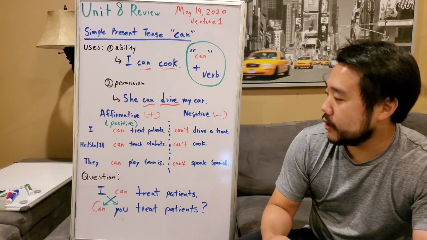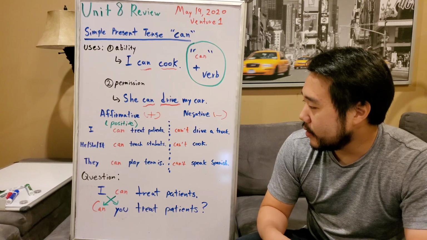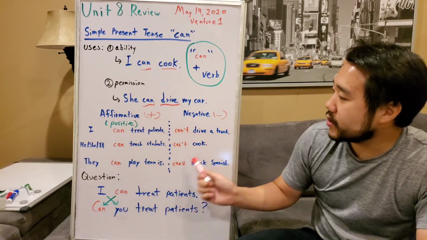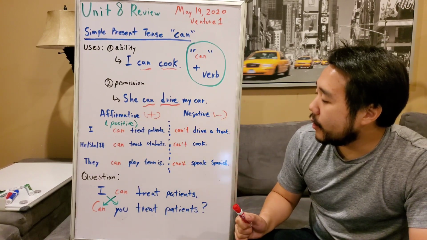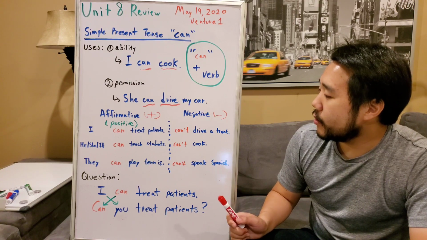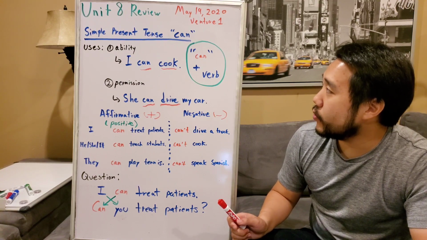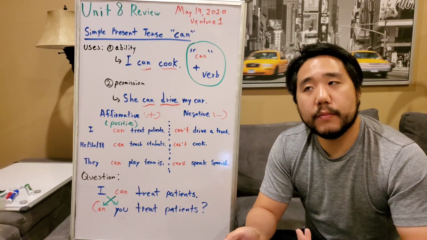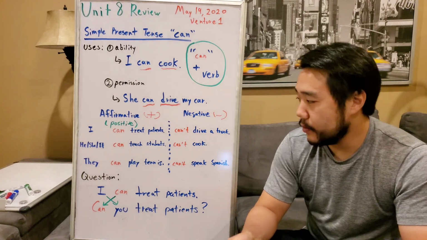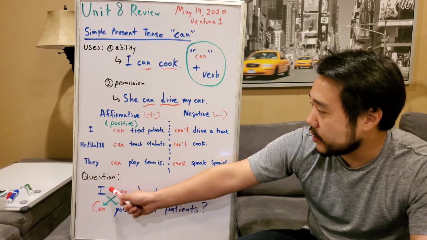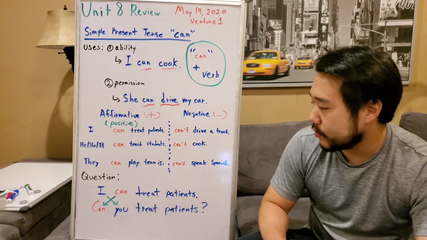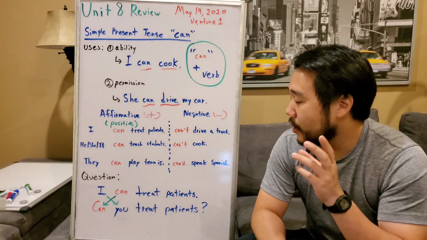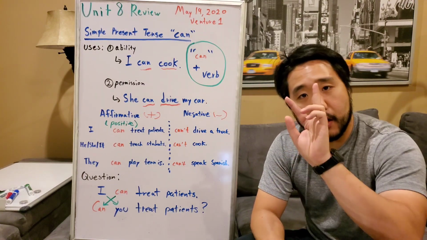Now, since these are statements that are created with the word can, we are also able to make questions using the word can. If we have a statement, same thing, I can treat patients, how do we turn it into a question? We just have to replace the subject and the word can.